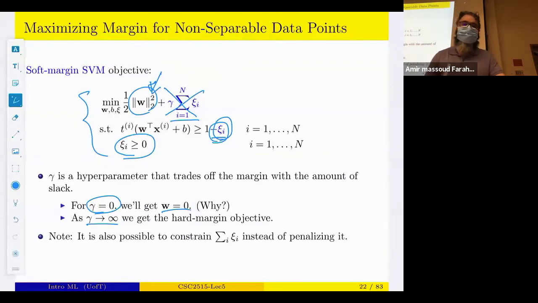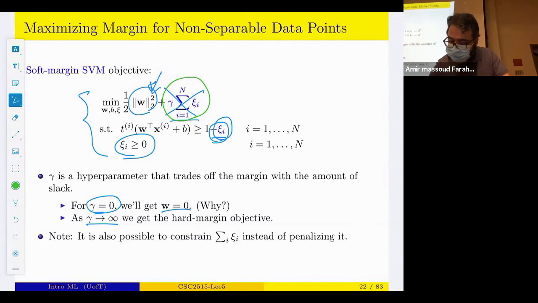One other comment is that this is one formulation of this objective, where I added the slack variable as a penalty. Another way is to add the sum of slack variables as a constraint.